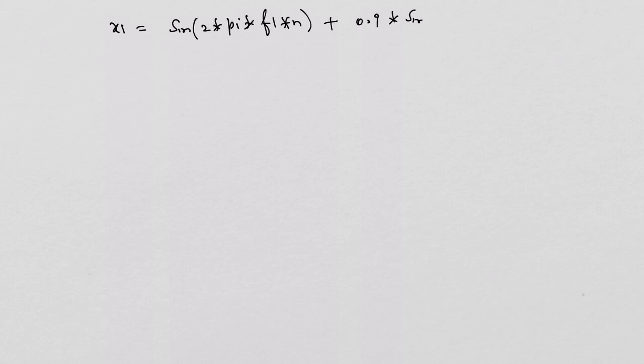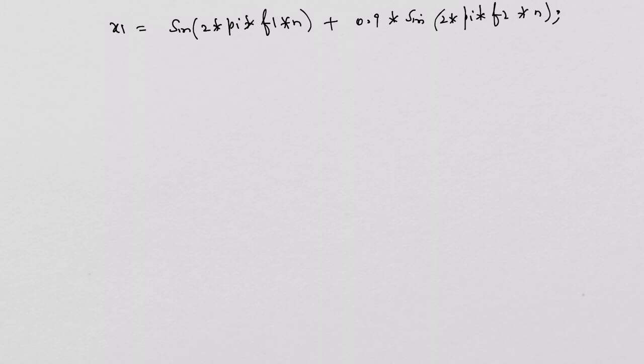generated. x1 is equal to sine of 2 asterisk pi asterisk f1 asterisk n plus 0.9 times sine of 2 asterisk pi asterisk f2 asterisk n. f2 is known to you; it is already loaded in a variable.